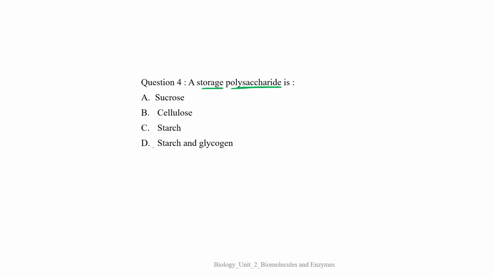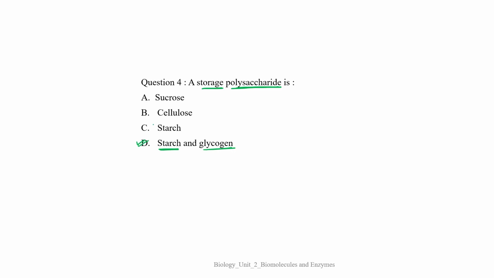In the D choice they have mentioned two different things, starch and glycogen. So starch in plants and glycogen as a storage polysaccharide in animals. So D choice is the correct choice.